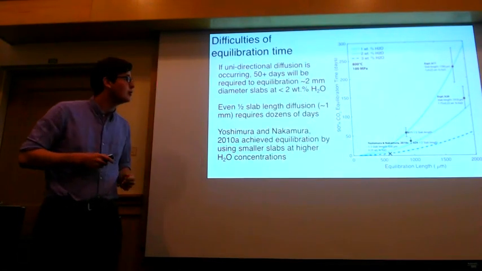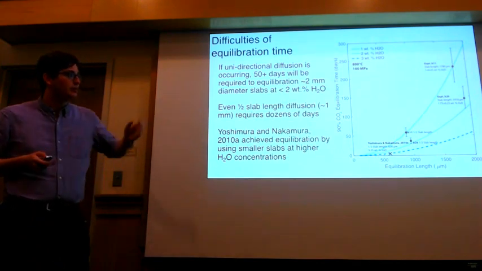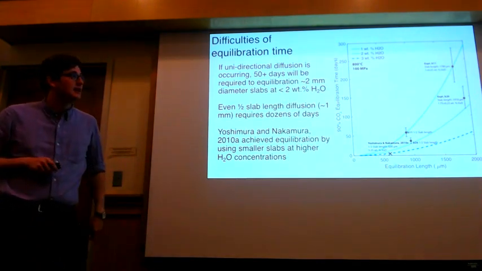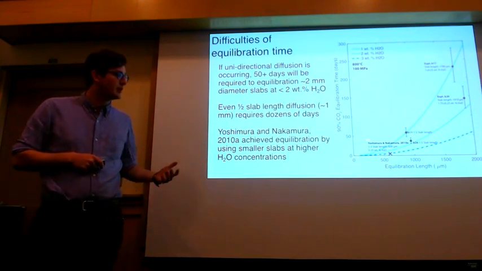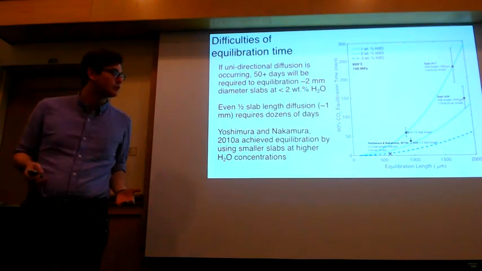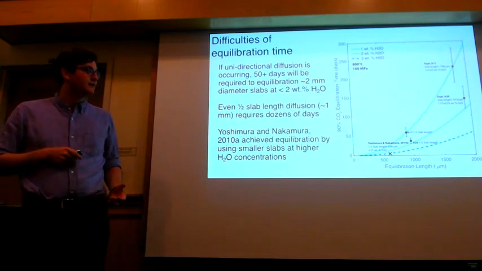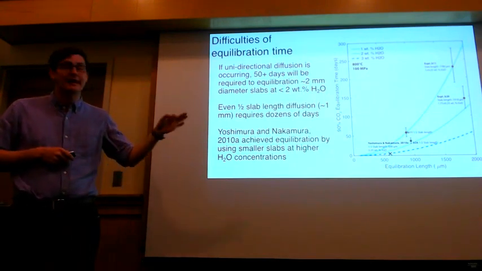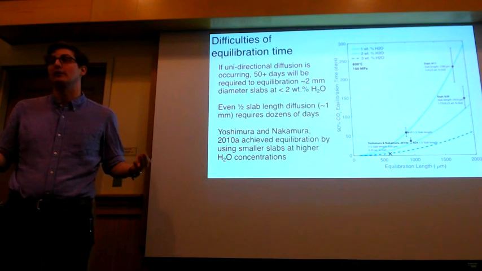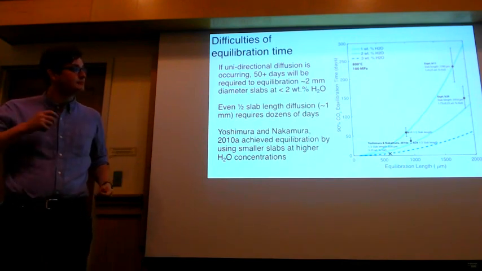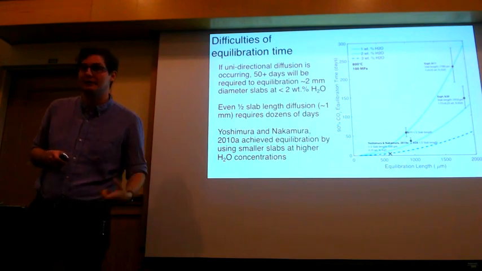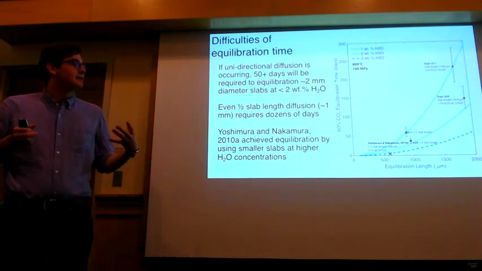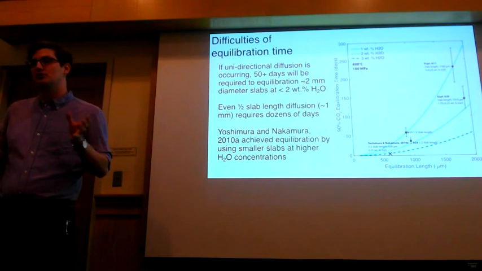So with our equilibration time, we did some calculations, and what we found was that to equilibrate your sample to 90% equilibration, your length that you're diffusing over is hugely important. So our samples were about 2 millimeters in diameter, but we had the problem where a lot of them were getting pushed against one side of the gold capsule.